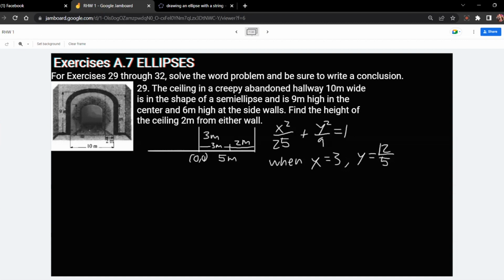When x is 3, so 1 minus 9 over 25, so, yeah, 3 squared, 4 square over 5 square. So y is equal to 12 over 5. Ngayon, ano yung tanong?